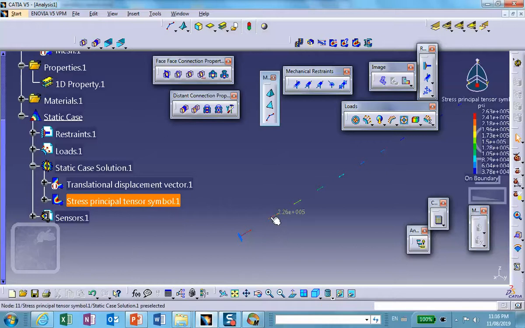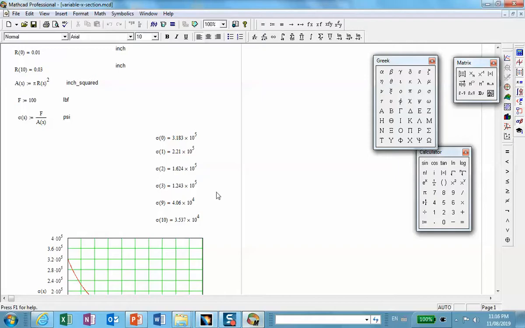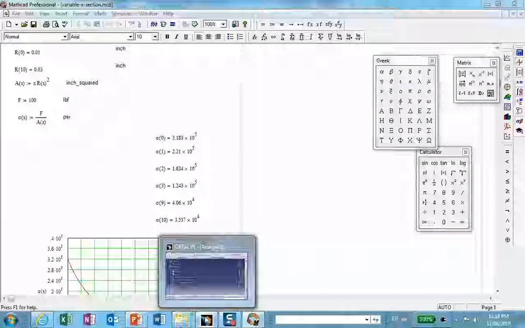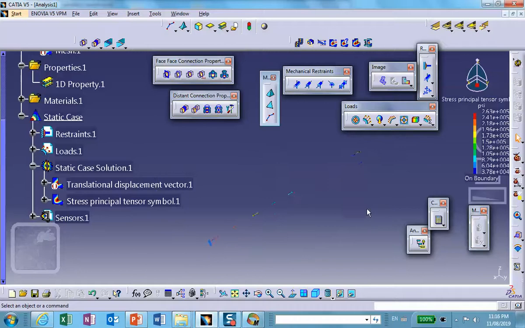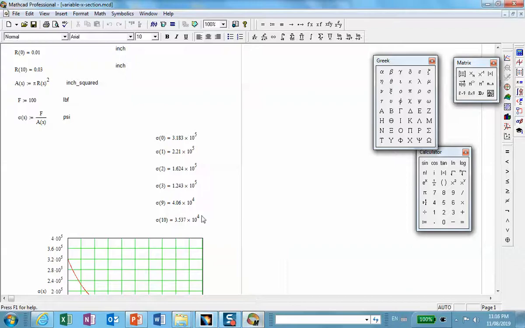It agrees with these values. And if you go at the very right hand side, the smallest stress is where the load is applied, right there, 3.78 10 to the 4 or 4 10 to the 4. So it agrees with 3.53. Anyway, I just showed you that it is possible to create tapered bars in Catia.